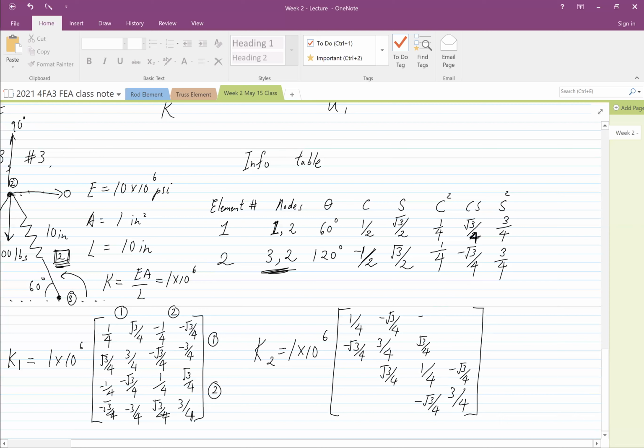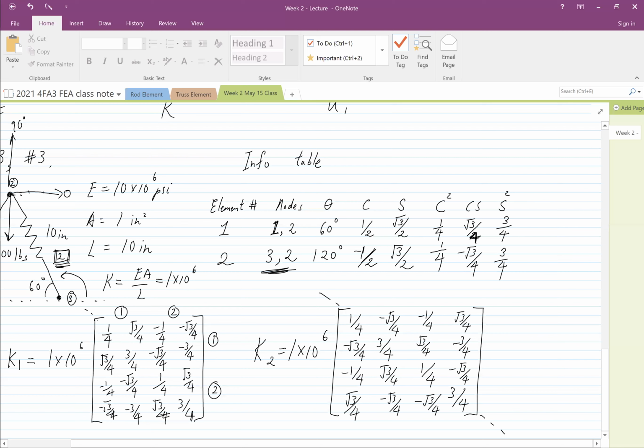And then 3/4, and then root 3/4, and you write the same thing. Okay, let's do a check.